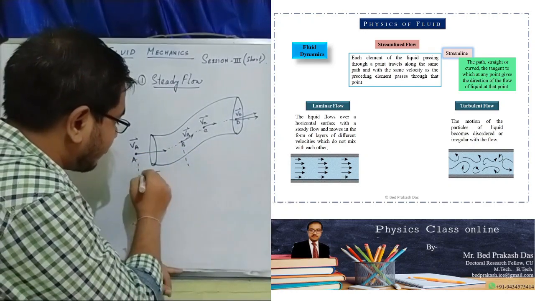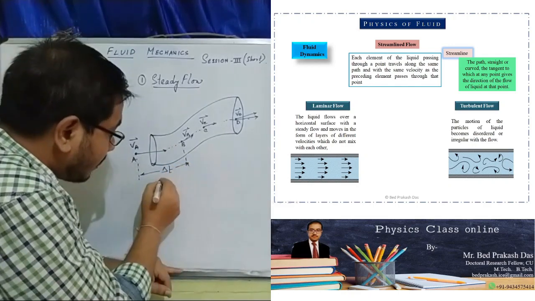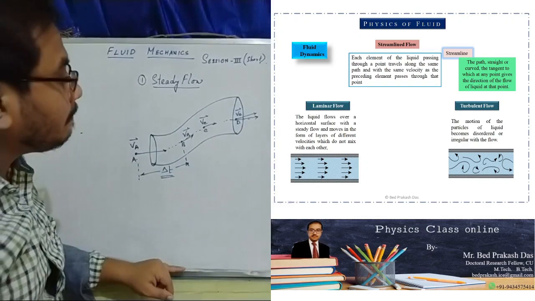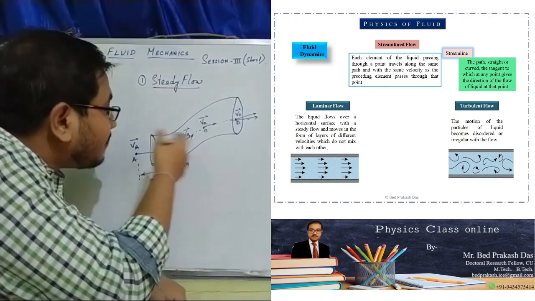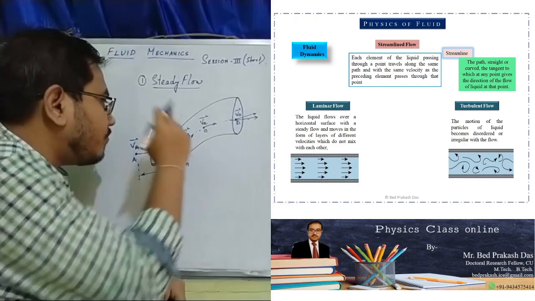Let's say the time difference is delta t. In this particular time window, the fluid is achieving the velocity from V_A to V_B.